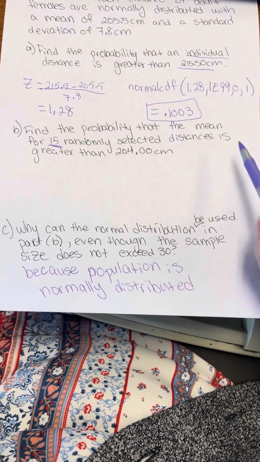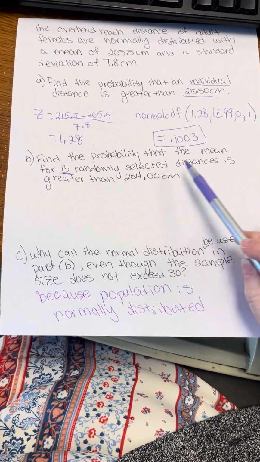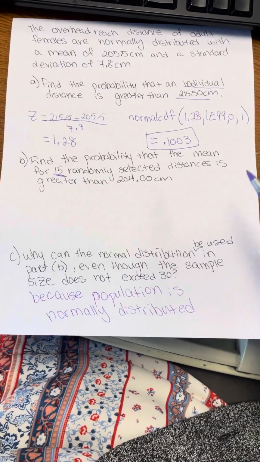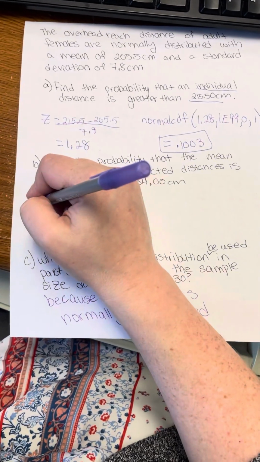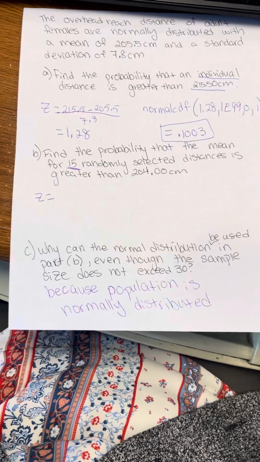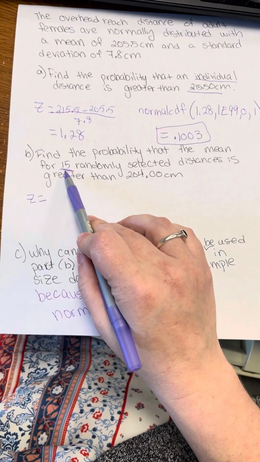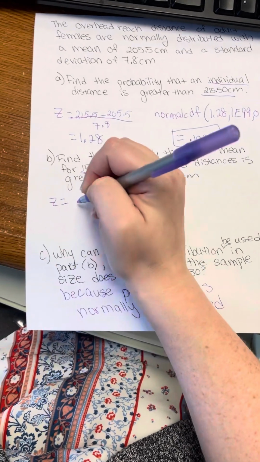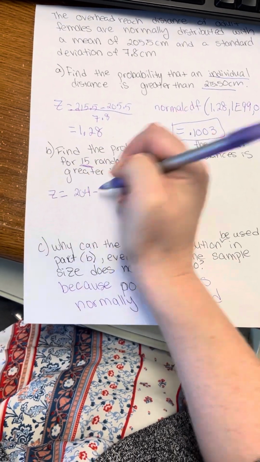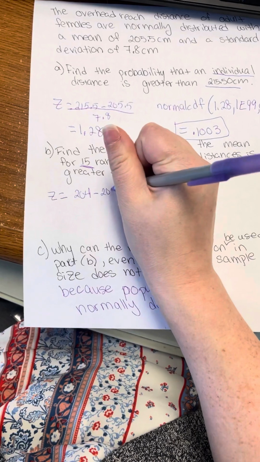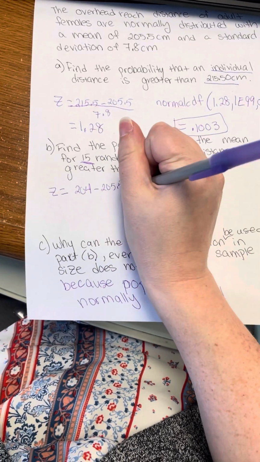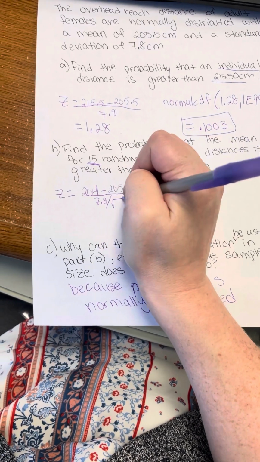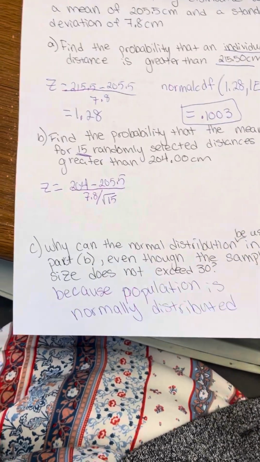The next one says find the probability that the mean for 15 randomly selected distances is greater than 204. So I need to use my new z-score formula because I have a sample size included in my question. The top doesn't change, it's still 204 minus the original mean, 205.5, over the original standard deviation divided by the square root of the sample size.